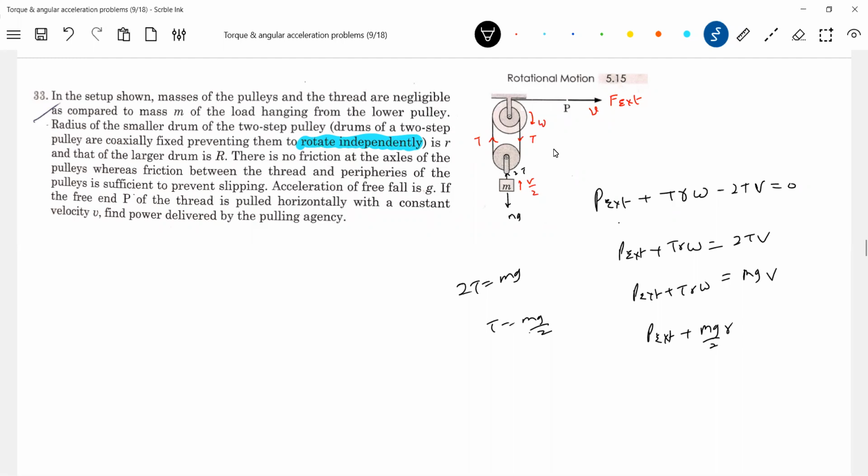Can I write it also as v by r? What is v? v should be equal to r omega. Solving this, mg v, mg r, v by 2r. V by 2 velocity.